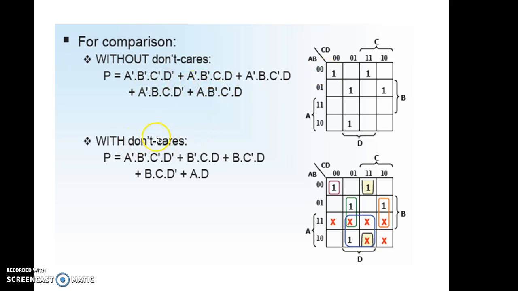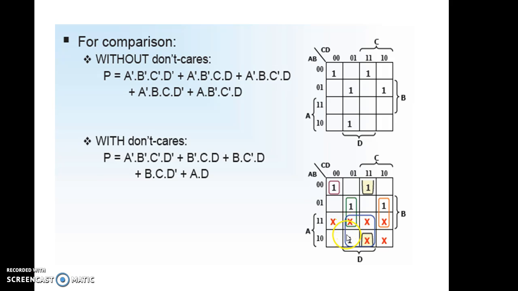With don't care conditions, after 9 for the BCD example, we write it as an X. For don't care, we consider X. Always give preference to the maximum possible adjacent group, that is the quad.